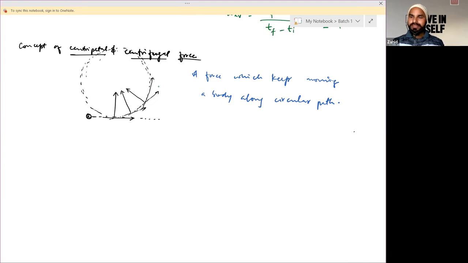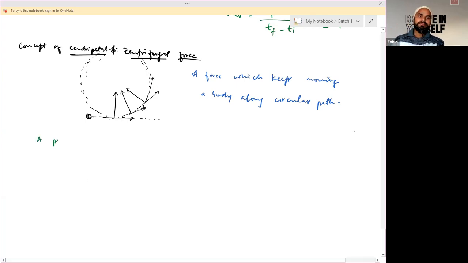So centrifugal force means a pseudo force which acts on every circular moving object to tend to move it away from that circular path. Is it clear, Hamza? Yes, sir.